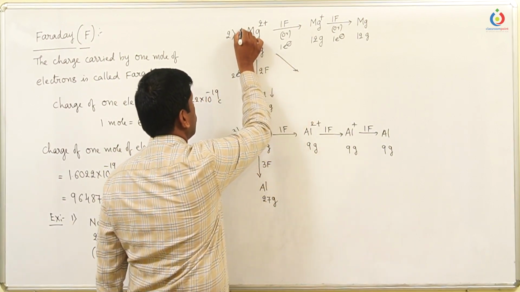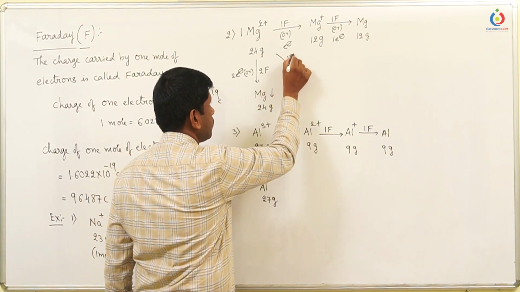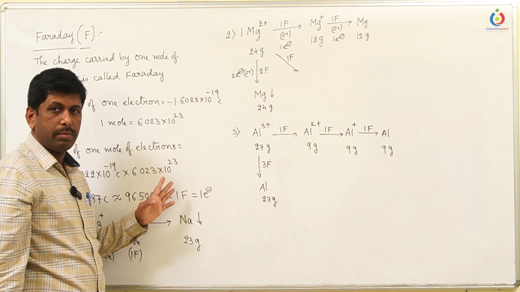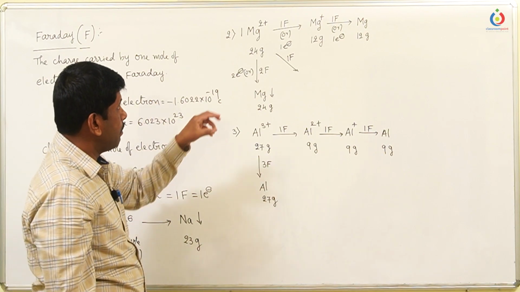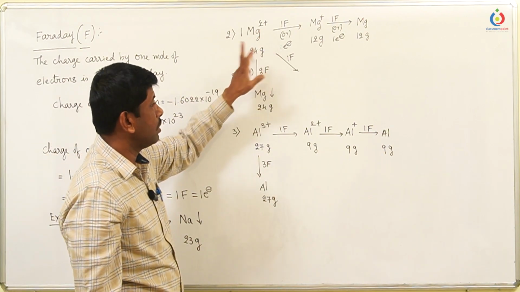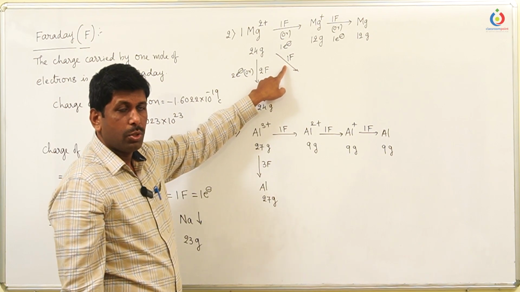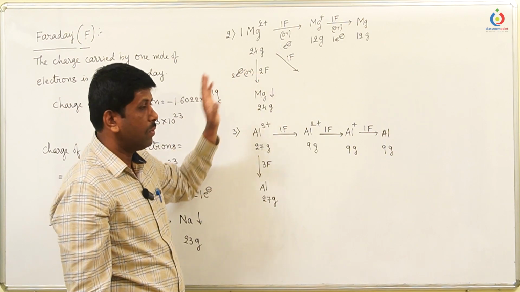I have taken 1 mole. By sending 1 Faraday of electricity, 1 mole meaning 6.023 × 10^23 Mg2+ ions, whose mass is 24 grams. 1 Faraday of electricity cannot deposit all the positive charges belonging to the 24 grams.